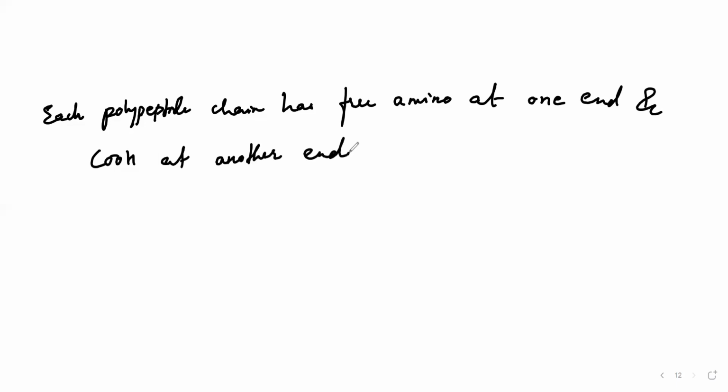And these ends are called what? End groups. End groups means nothing but two terminals will be there. One is called the N terminal, the second one is called the C terminal.